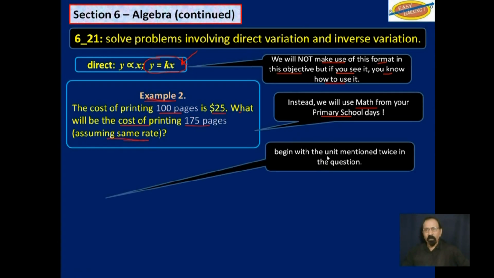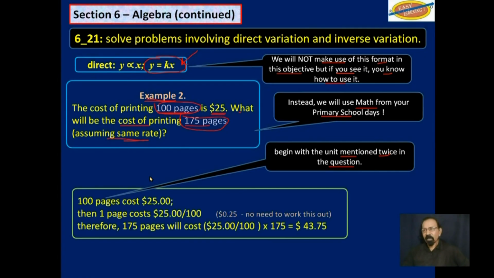We will begin with the unit mentioned twice in this question. Notice pages are mentioned here and pages are mentioned here. But we will not begin with 175 because that is what we want to find. But you know 100 pages cost $25. So we begin there. 100 pages cost $25.